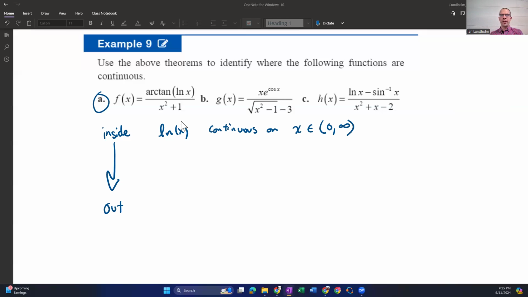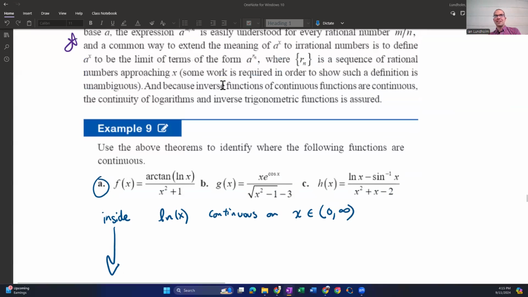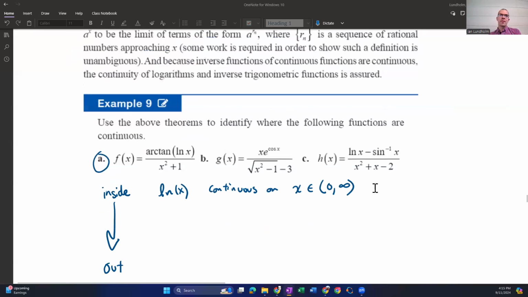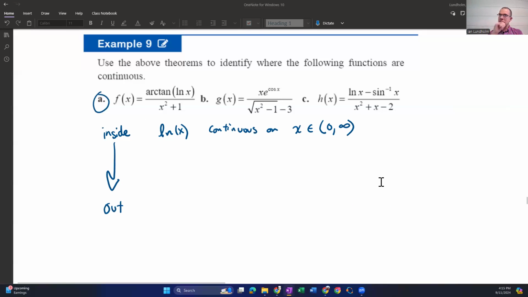We're allowed to put those numbers into a natural log. And we know that it's continuous on that part because it is the inverse of a continuous exponential function. So it's continuous on that domain.